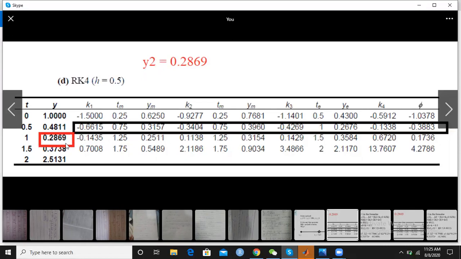For example, if this is y0, y1, y2, y3, if you want y3, what you need is x2, y2, and then the new k values, this k1 minus 0.1435, this k2 0.1138. And how will you obtain it? You will substitute these values in the function.